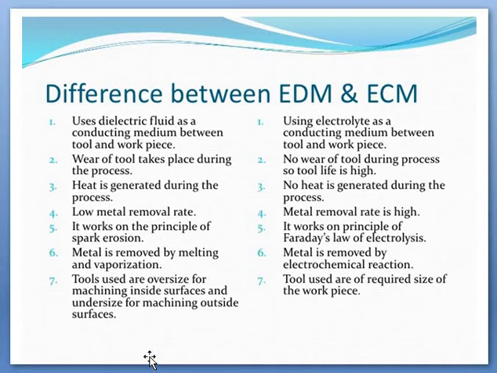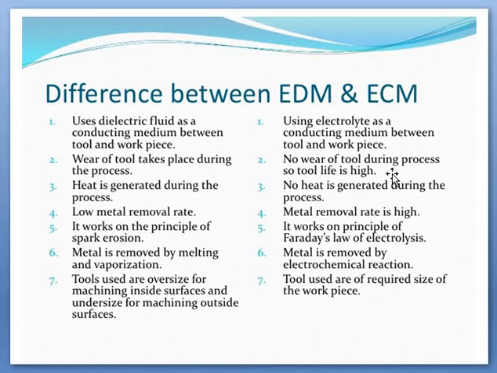The second part is related to the tool life. In electric discharge machining, wear of the tool takes place during the process, but in electrochemical machining, no wear of the tool takes place during the process, so the life of the tool is high.